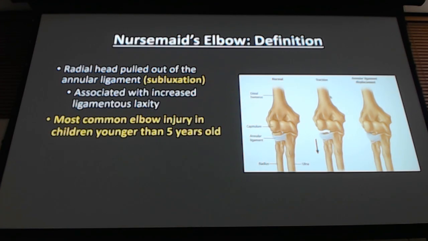I don't know what that is, but it's not nursemaid's elbow. Okay. Nursemaid's elbow, by definition, it's a subluxation. So can you liken the annular ligament as pictured there, similar to the sling that we talked about with the transverse humeral ligament? Yes, it provides restraint, correct? So if there's an injury, they can have increased motion there, okay?